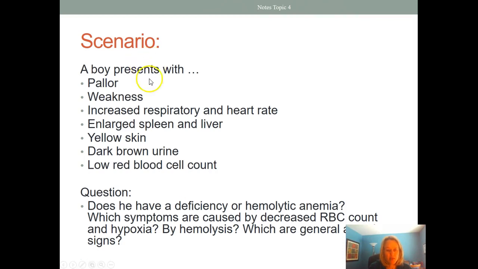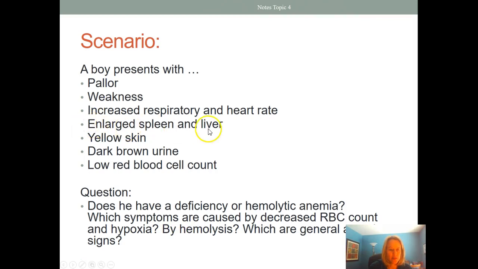Next question, which symptoms are caused by a decreased red blood cell count and hypoxia? Well, pallor, weakness, increased respiratory and heart rate are going to be caused by those, and a low blood cell count. What symptoms are going to be caused by hemolysis?